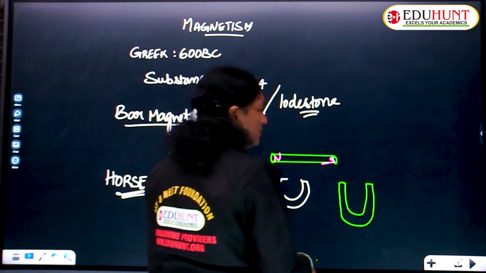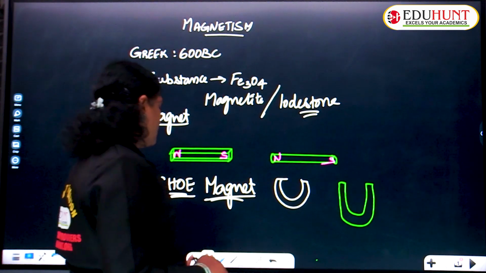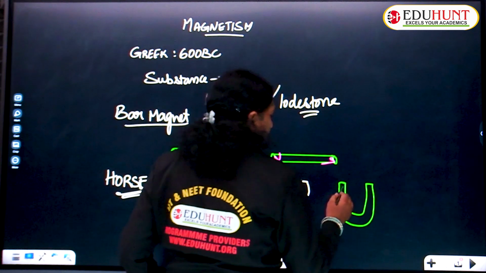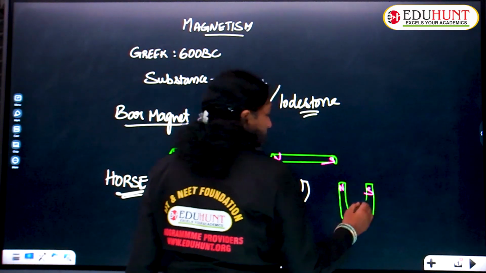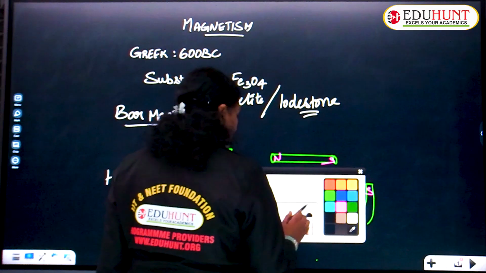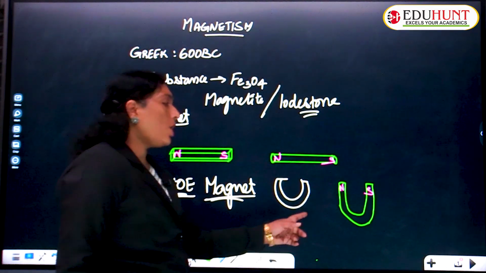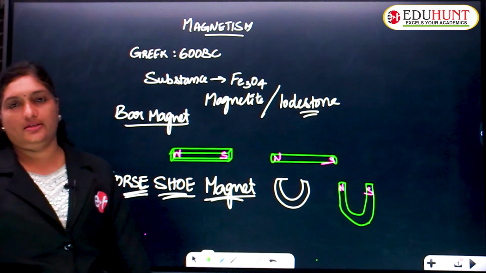As I already told you, a bar magnet has two poles. One is the north pole, the other is the south pole. For this magnet, one end has a north pole, whereas the other has a south pole, and the structure itself is called a horseshoe magnet.